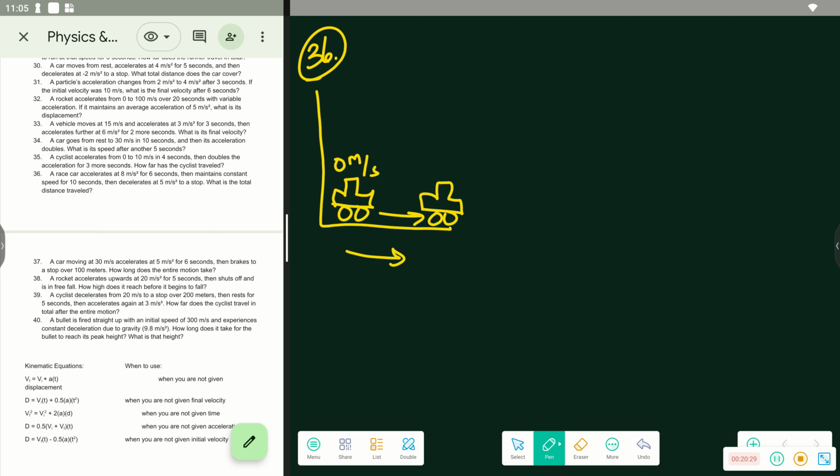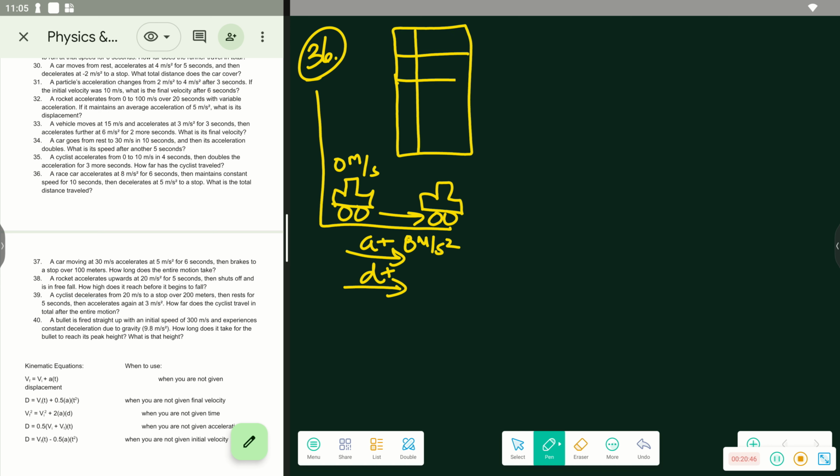We just know that the acceleration is positive, 8 meters per second squared, and the displacement is also going to be positive. Okay, so let's do our first chart: VI, VF, A, T, D.